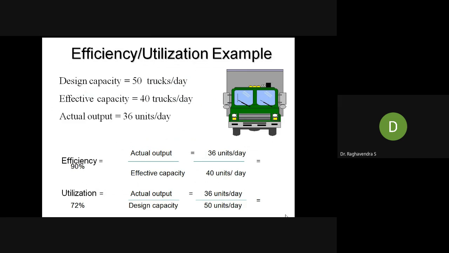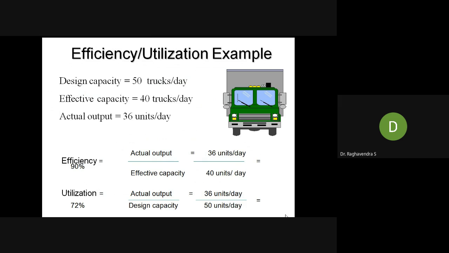Let us see: design capacity is 50 trucks per day. Effective capacity is 40 trucks per day. This is the manufacturing capacity. But actual output is 36 units per day. It means the automobile truck manufacturing company designed the plant so that it can produce 50 trucks per day.